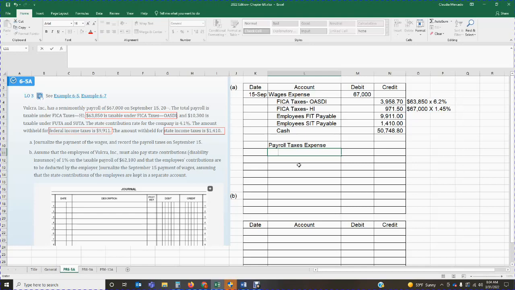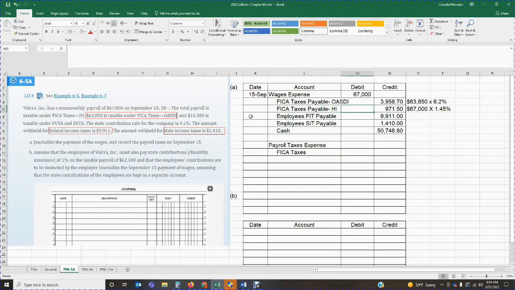So these accounts are going to be used so we can figure out how much taxes is owed by the employer. Okay, so the first one we have is FICA taxes. Oh, and over here I forgot to put the word payable. I was like, where is my payable account? So it's FICA taxes payable, OASDI, FICA taxes payable, HI.